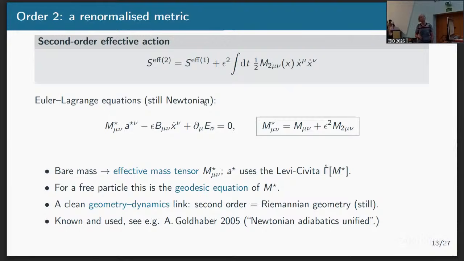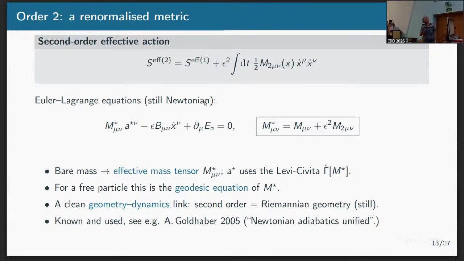Your effective equation of motion is still Newtonian, looks like the one in the previous order, with the renormalized metric. And then in the acceleration vector you also have a Levi-Civita connection with respect to this metric.